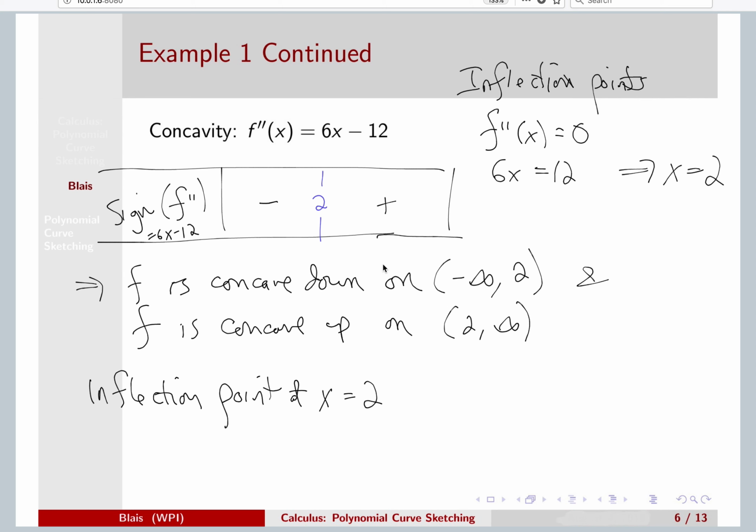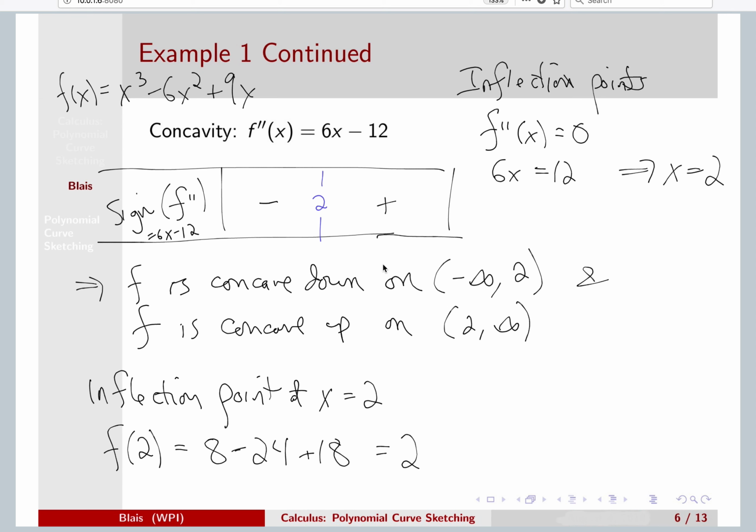And remember, f of x was x cubed minus 6x squared plus 9x. So if we want the y value, f of 2 is 2 cubed, or 8, minus 6 times 4, which is 24, plus 18. 8 and 18 is 26. 26 minus 24 is 2. So the inflection point is the point (2, 2).